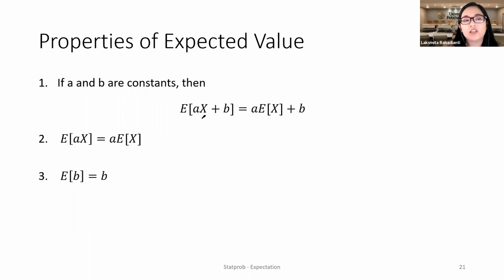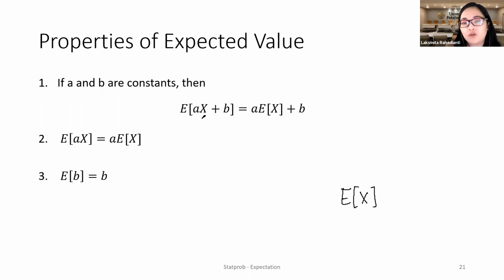We also know that constants can be taken out, so A can go out here. And we also know that the expected value of a certain number will equal that number itself. So recall the notation for expectation: it's usually written with square brackets like that.